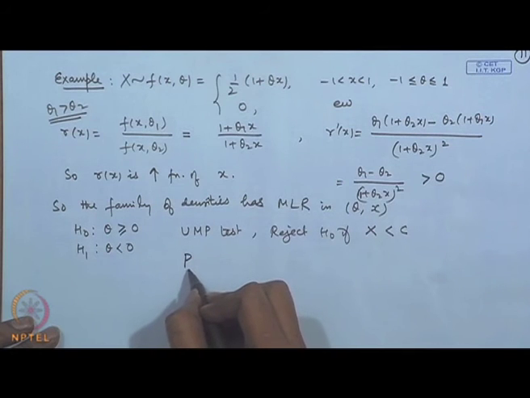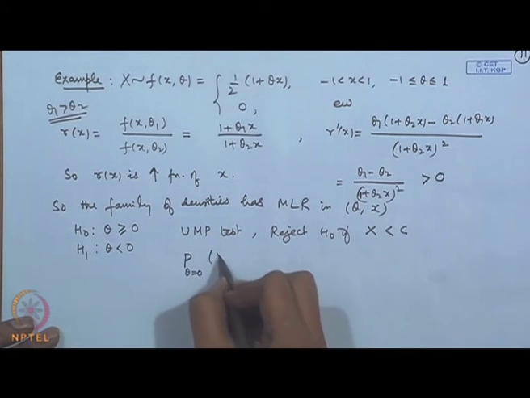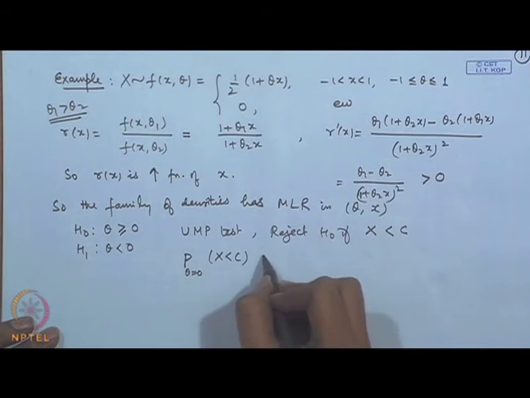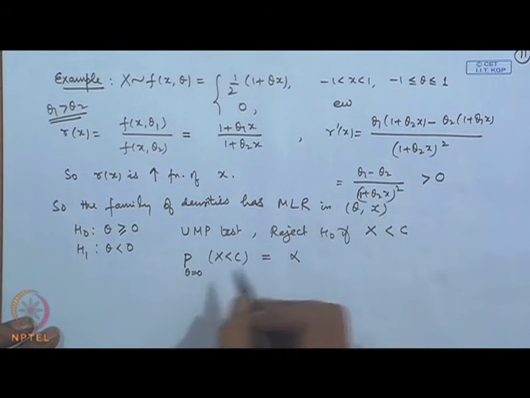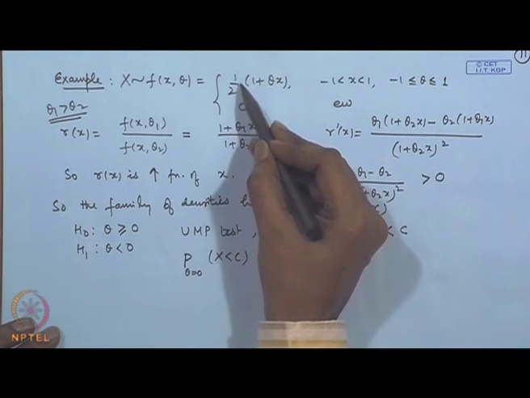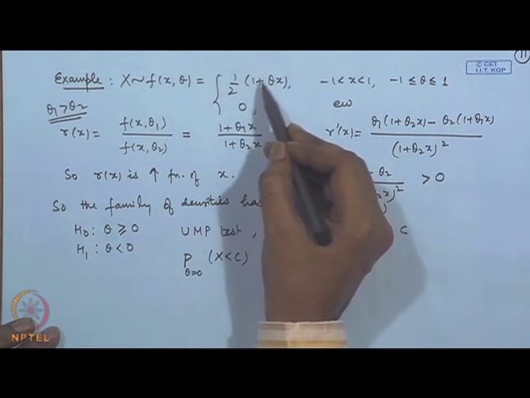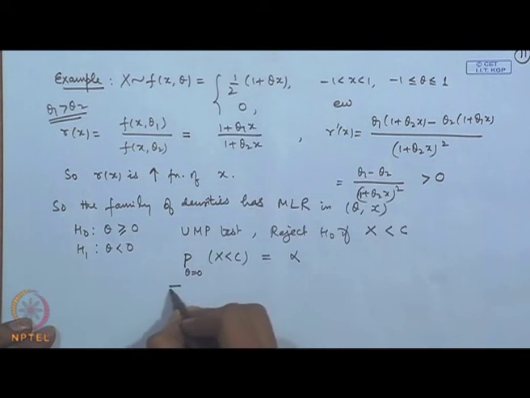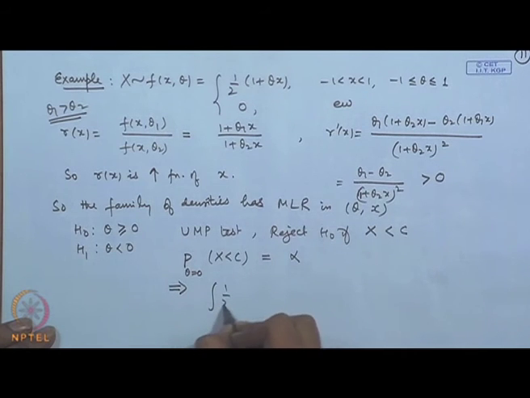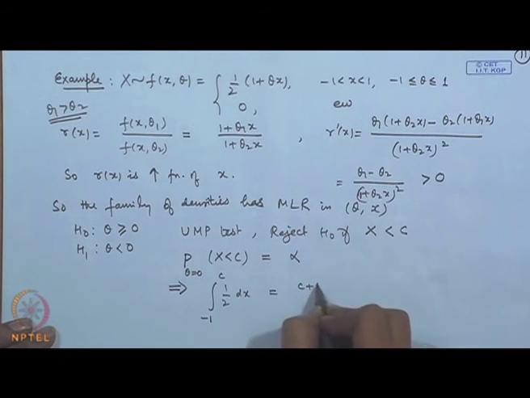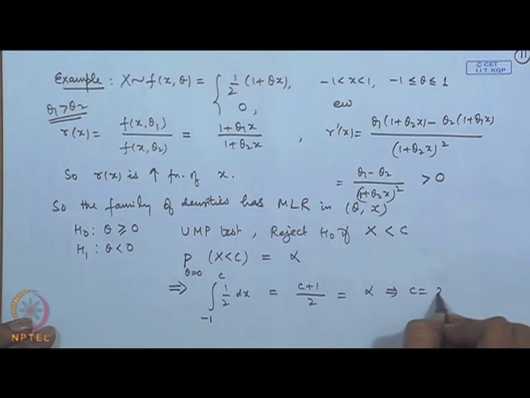So, probability of x less than c when theta is equal to 0 should be equal to alpha. Now, when theta is equal to 0, the density will become half, that is simply the uniform distribution. So, this is actually half from minus 1 to c, that is equal to c plus 1 by 2, that is equal to alpha. That means c will be equal to twice alpha minus 1.